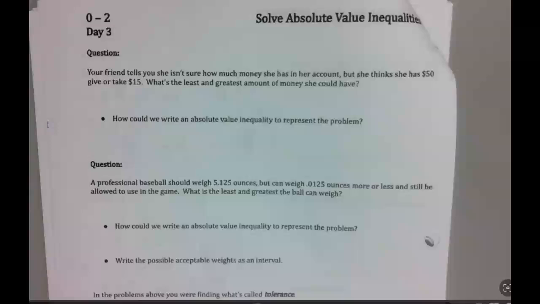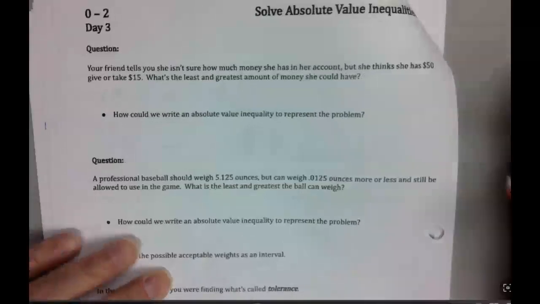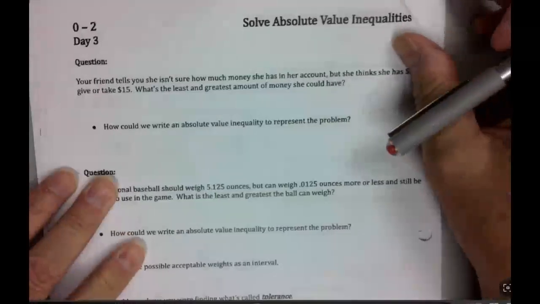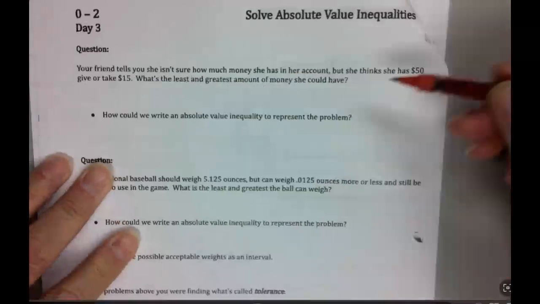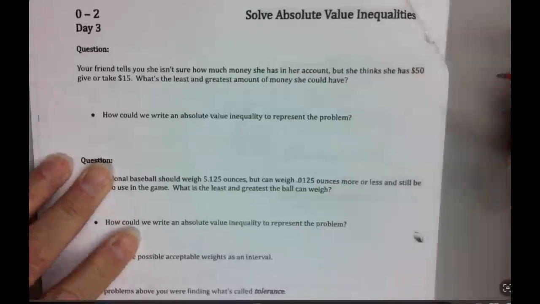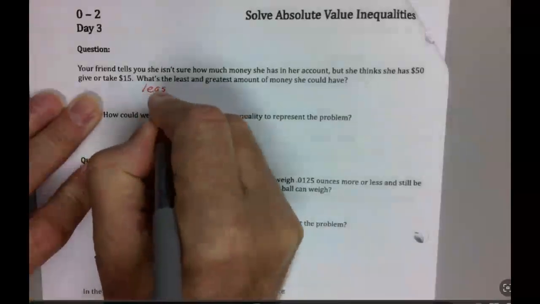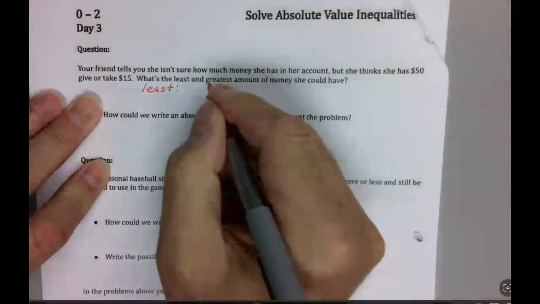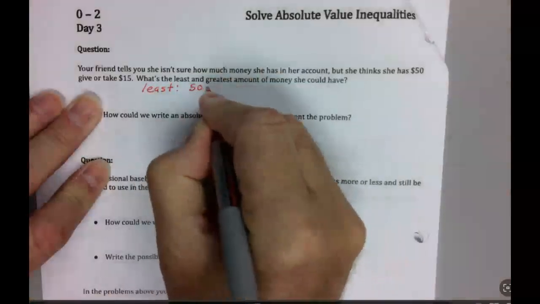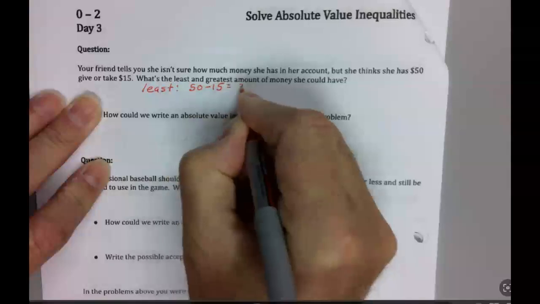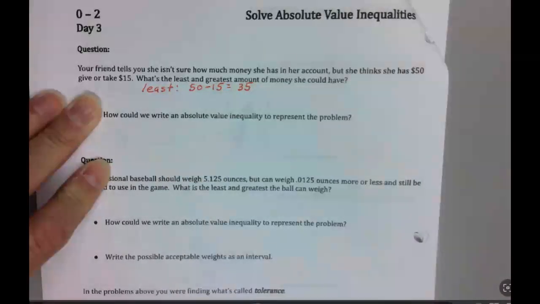Okay, so your friend tells you she isn't sure how much money she has in her account, but she thinks she has $50, give or take $15. Okay? So she thinks she has $50. So the least amount she could have, does everybody agree with me, would be 50 minus 15, which would be $35. That'd be the least amount she would have, agreed?